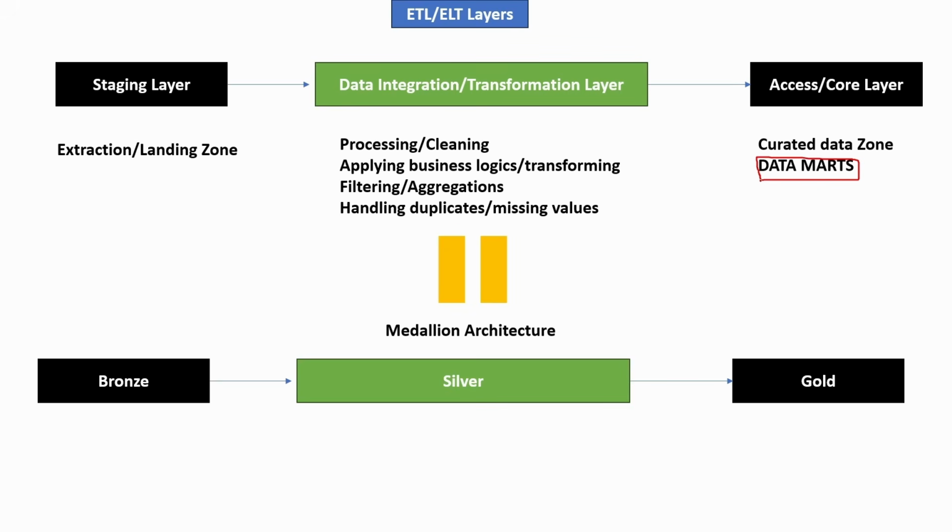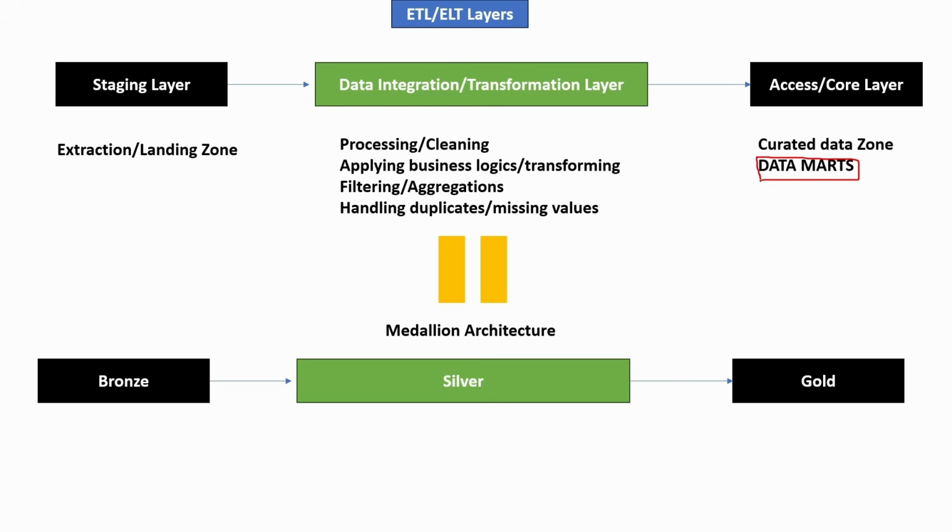Data marts are actually nothing, it's just a subset of your data warehouse. It's just a small subset of your complete data warehouse, which is focused on departmental information. Suppose you have a finance department, and the data mart of the finance department will only have the data focused for finance.